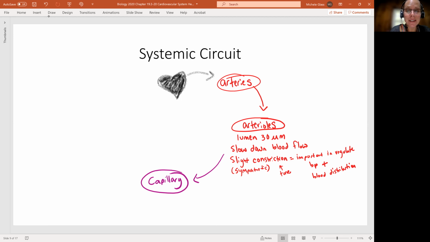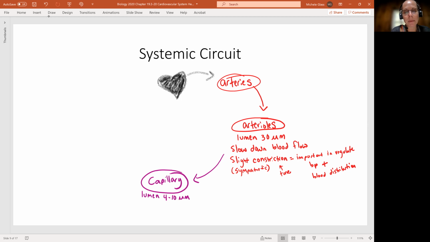Our diameter here is getting much smaller. So we've already talked about the diameter of a capillary before. I said it could be 4 micrometers. So let's go to that size, 4 to 10 micrometers. Our OpenStax textbook says 5 to 10. So you might see some difference there.